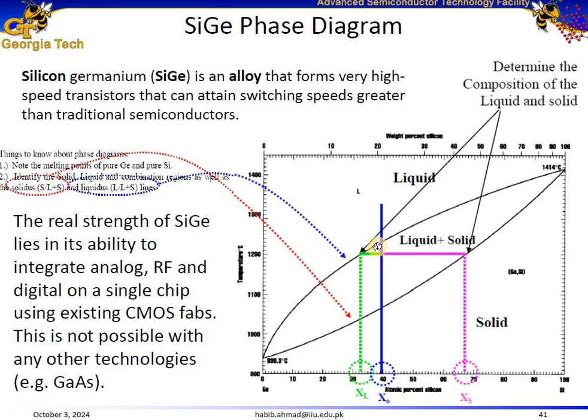Also, if you notice, we have the boundary line between the solid region and this mixed region, and a boundary line between this mixed region and the liquid region. This line over here is called the solidus line, and this line at the top is called the liquidus line. The liquid section is the upper section in which the silicon-germanium is fully in the liquid phase.